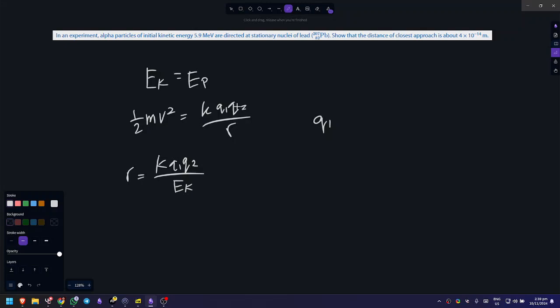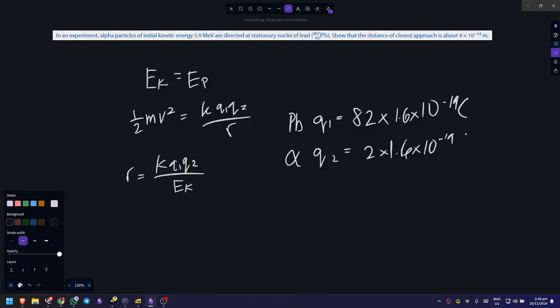Let q1 be the charge of the lead: 82, since that's the atomic number, the number of protons, times the elementary charge, 1.6 times 10 power minus 19 coulomb. Let's do the same for q2, the alpha particle: 2 times 1.6 times 10 power minus 19 coulomb.